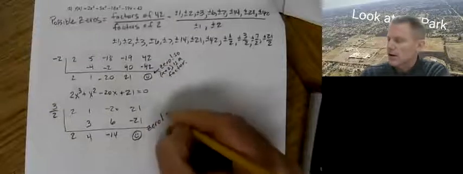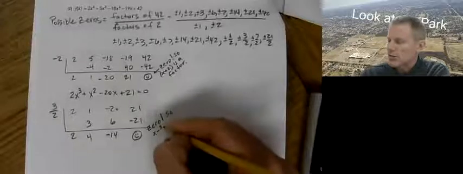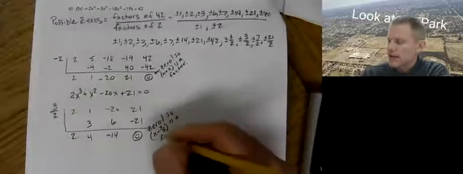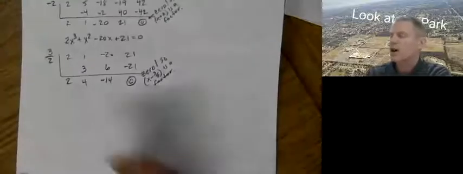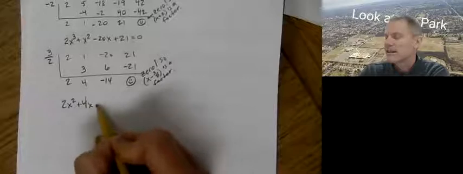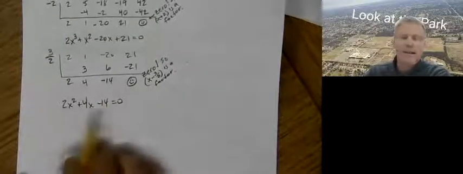So we have a 0. So x minus 3/2 is a factor. So now we have this cubic, I'm sorry, a quadratic. This quadratic is not factorable.